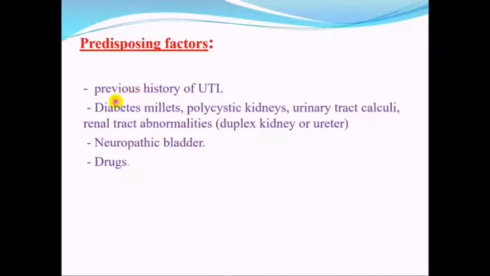Also, those females who have certain systemic illness like diabetes mellitus, polycystic kidney, urinary tract calculi or renal stones, renal tract congenital malformation in the form of duplex kidney or ureter, neuropathic bladder, as in case of, for example, spina bifida or multiple sclerosis, and those females who have been kept on medication prior to pregnancy, such as steroid or other immunosuppressive medication.